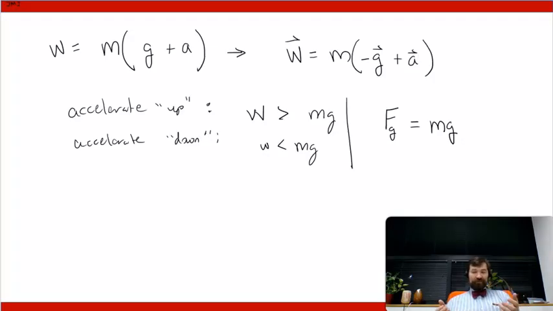If I'm accelerating downward, there's still essentially the same number of atoms in me as when I'm standing still. So what this tells us is that mass does not depend upon accelerations and gravity fields and that kind of thing. If I go to the moon, then I will have the same mass as if I'm standing here on the Earth. And I will have the same mass if I go to Jupiter or Mars or what have you.